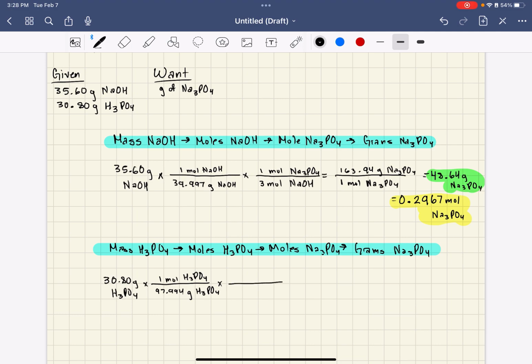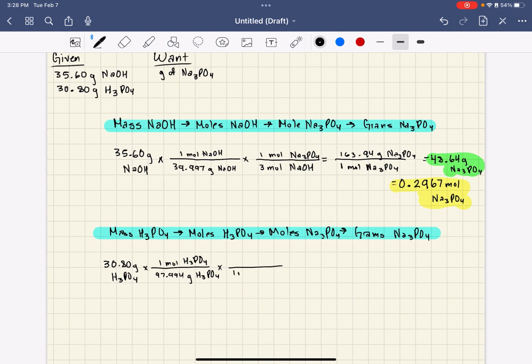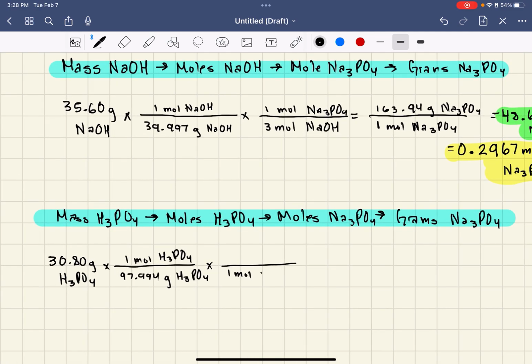times. Now again, we got to look at the mole ratio. In this case, the mole ratio here is 1 to 1. So it cancels out. So 1 mole of H3PO4 and 1 mole of Na3PO4 times, now we're going to grams. Sorry, we have to first go to moles. So let's calculate that first before we go any further.